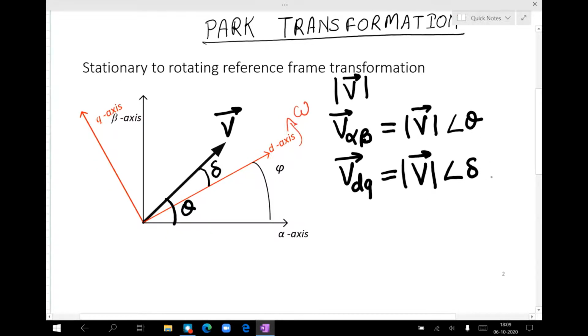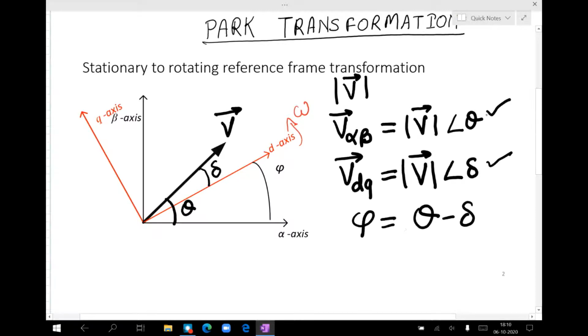Actually they are the same phasor, but this is represented in alpha beta reference frame and this is represented in DQ reference frame. As these two phasors are the same, their magnitude is the same, but they are represented in different reference frames, so their angle is different. And what is the relationship between these two angles?